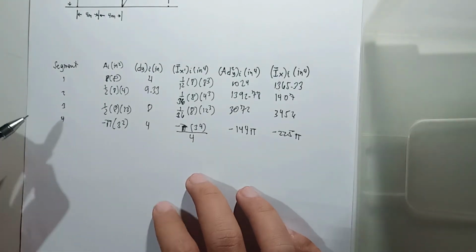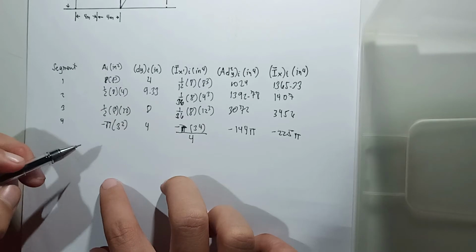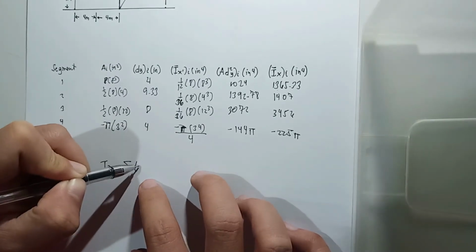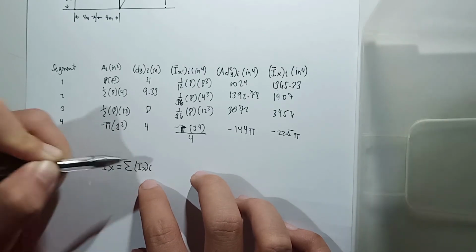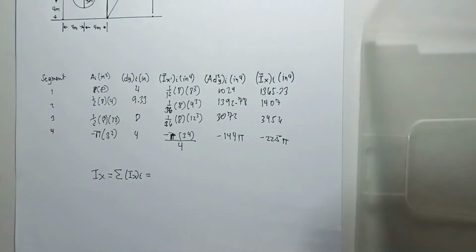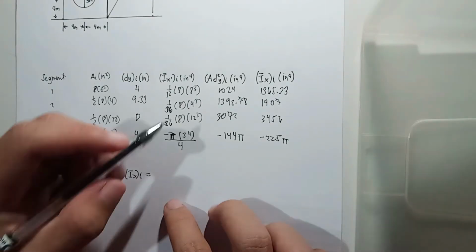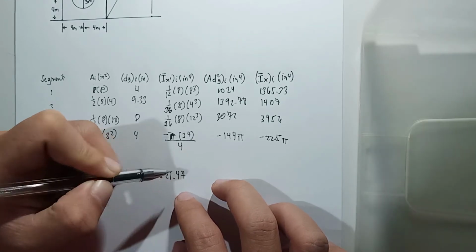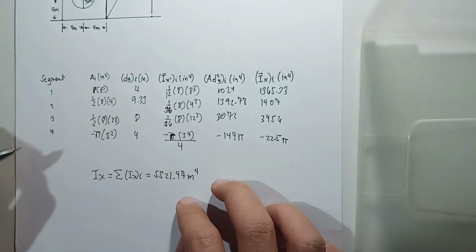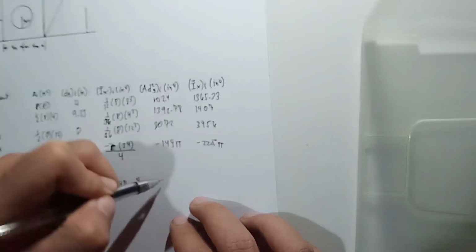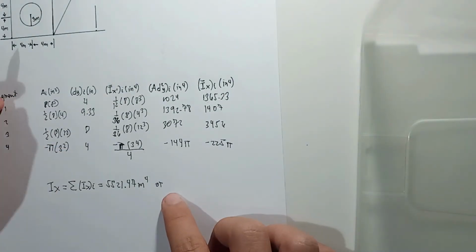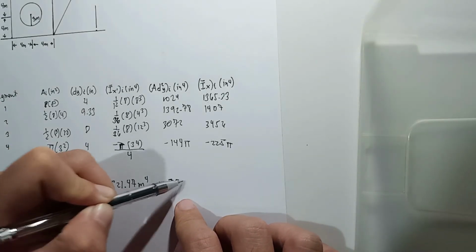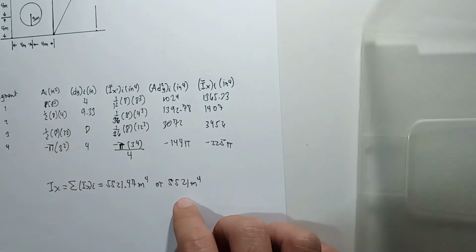To determine the total moment of inertia about the x-axis, Ix is equal to the summation of Ix, which is equal to 5521.47 meters to the fourth, or 5521 meters to the fourth.